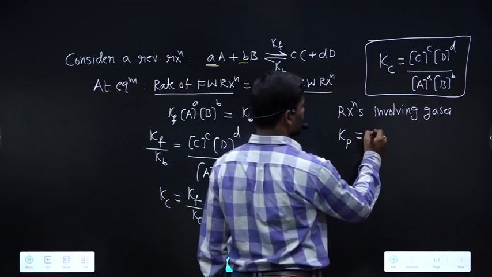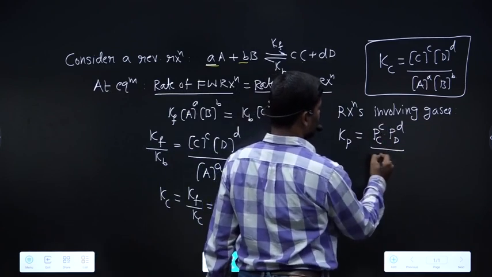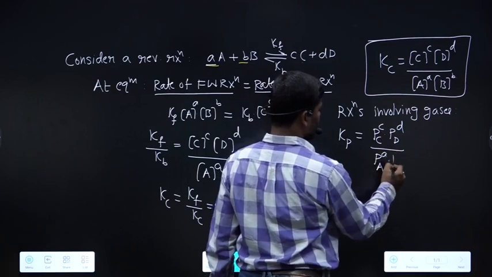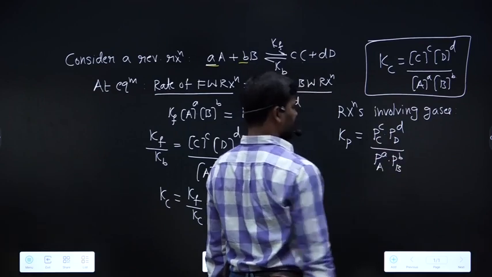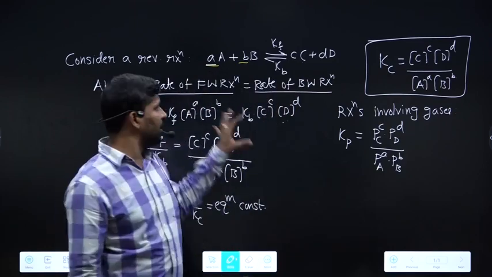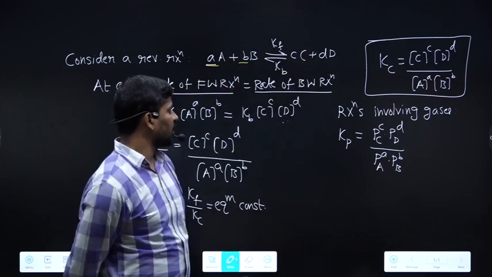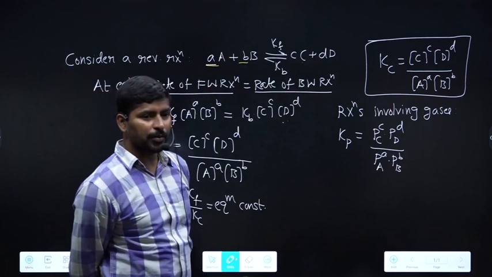The equilibrium constant with respect to pressure is given as Pc power c, Pd power d by Pa power a into Pb power b. This is the equilibrium constant with respect to pressures, if A, B, C, D are gases.